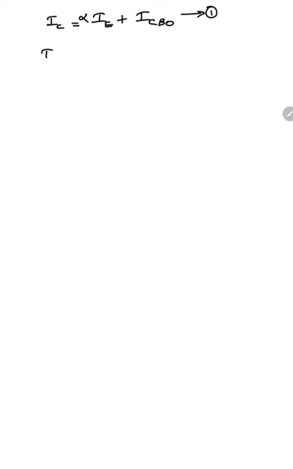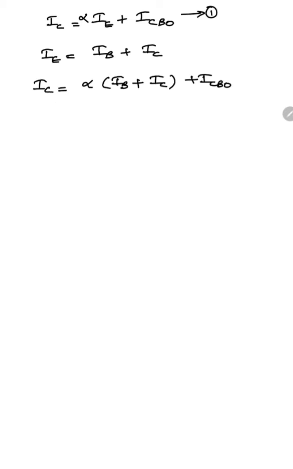Now we know the equation IE is equal to IB plus IC. That is, emitter current is the sum of base current and collector current. So substitute this in equation 1, we get IC is equal to alpha into IB plus IC plus ICBO.